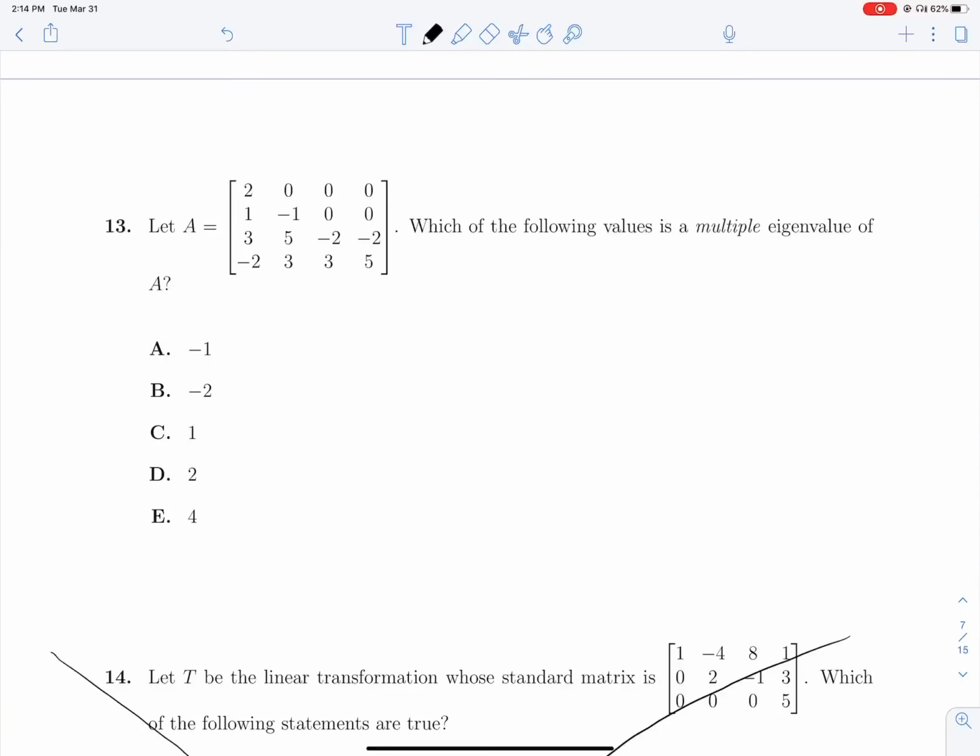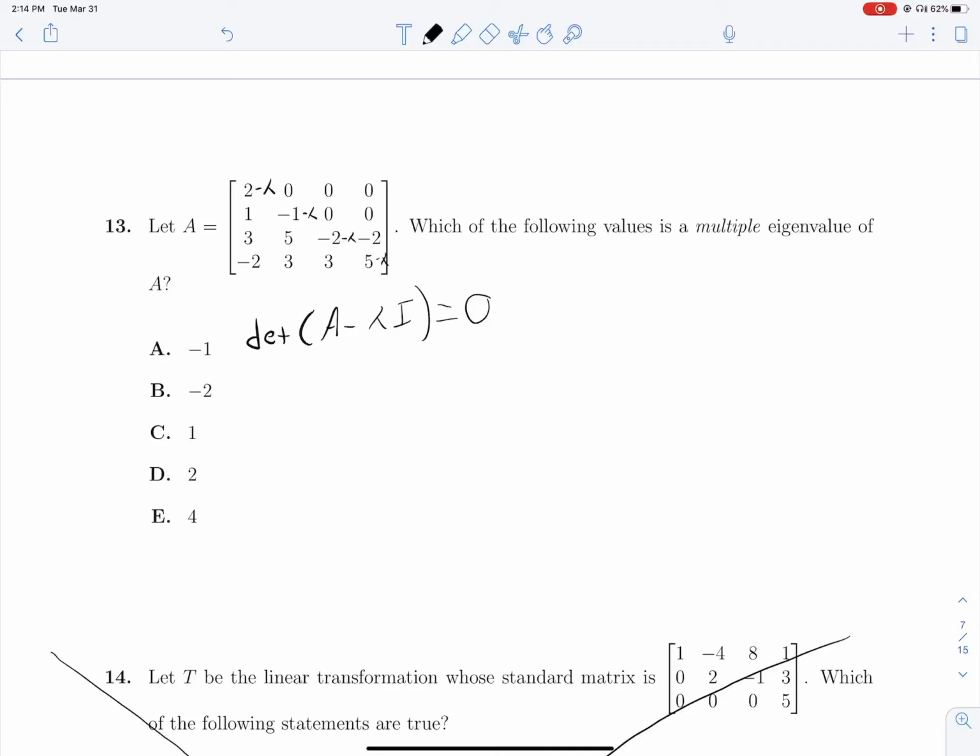13, which of the following values is a multiple eigenvalue of A? So I messed up my algebra and got stuck on this one for a good long while, so hopefully it doesn't happen to us this time. We can find the determinant of A minus lambda I by substituting a negative lambda in at all of these positions.